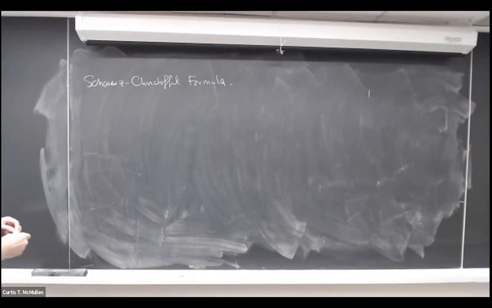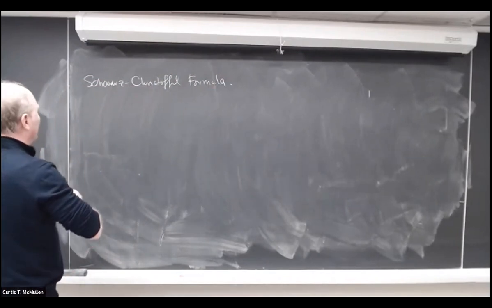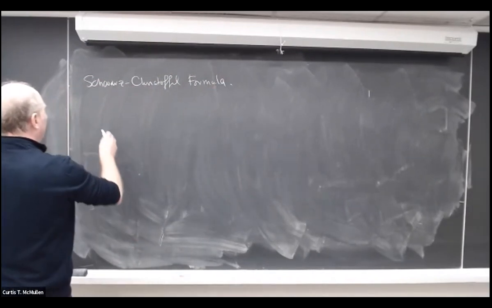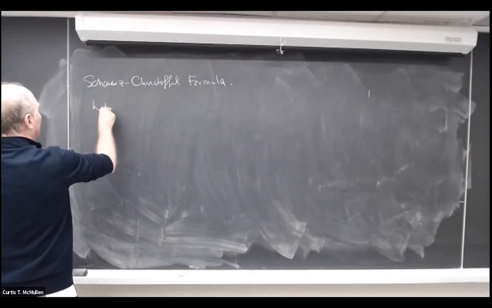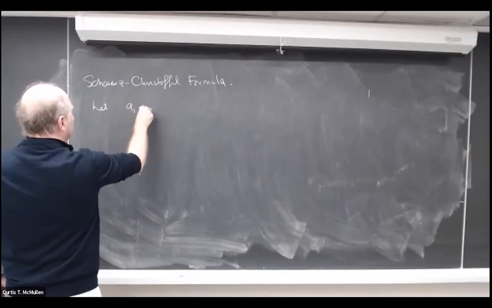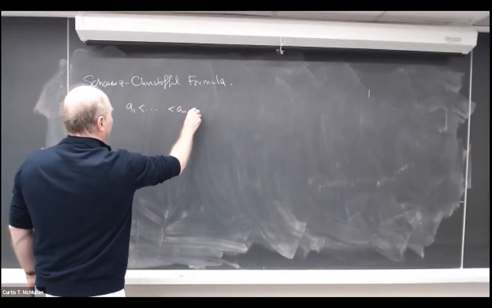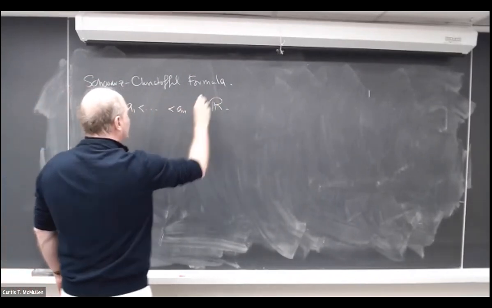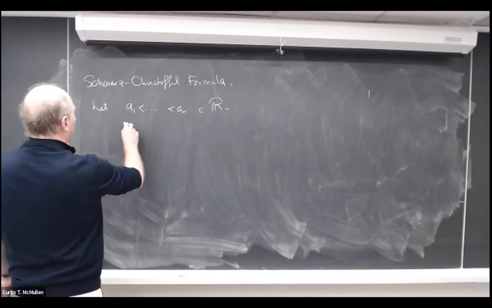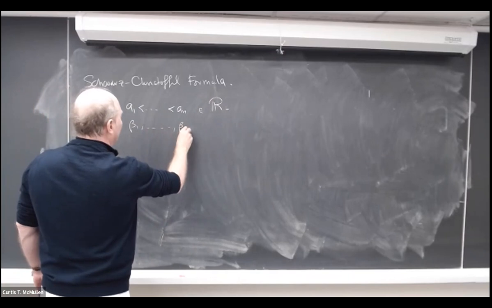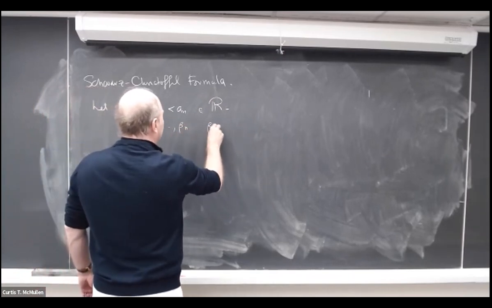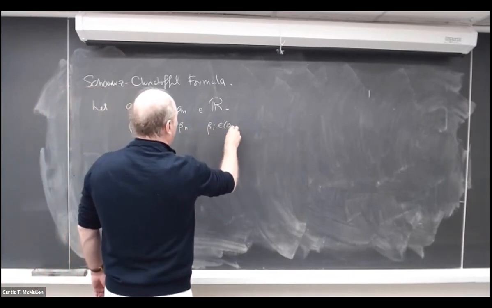It allows us to find a conformal map from the upper half plane to regions that we like. So let a_1 less than ... less than a_n be points in the real numbers. And for each of these, I'm going to have numbers beta_1 up to beta_n given, where the beta_i's are in (0, 1).